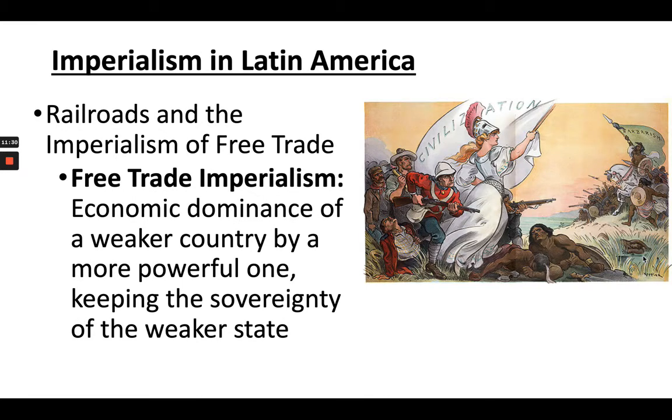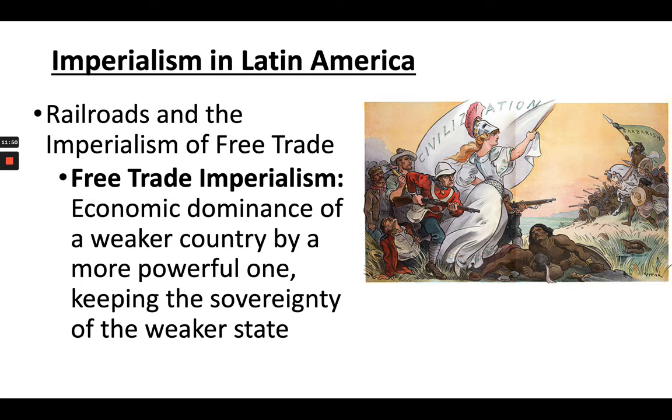Okay, let's talk about Latin America. So, remember, in Latin America, we said in many ways it's as if the Confederates won the war, right? It's the people who don't want change who were the ones who led the independence movements.